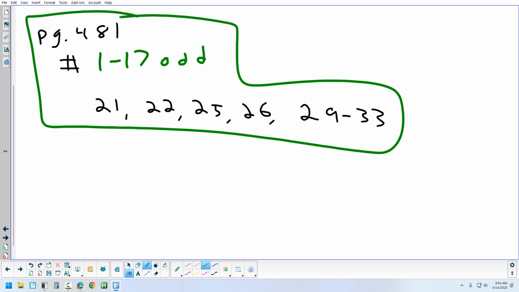So some of that is just sketching on the calculator, kind of practicing finding a window. And then some of it's eliminating the parameter and finding start points and end points. So we will take a look at that.